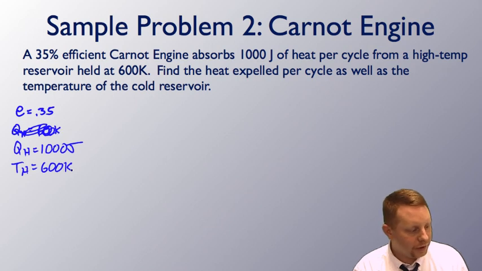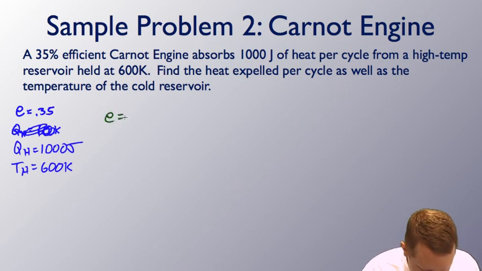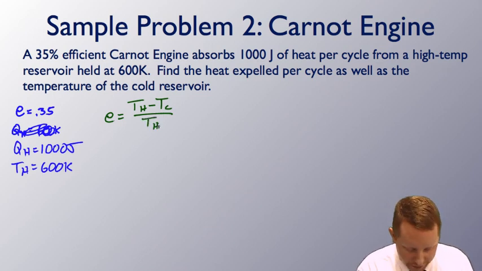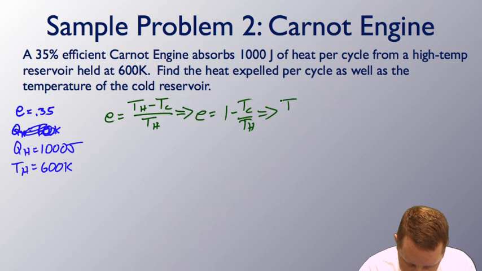All right, well, let's start out by finding the temperature of the cold reservoir. To do that, we'll start with our efficiency equation. That's our high temperature minus our cold temperature divided by our high temperature. Therefore, the efficiency is equal to 1 minus Tc over Th, which implies then that Tc over Th must be equal to 1 minus the efficiency.